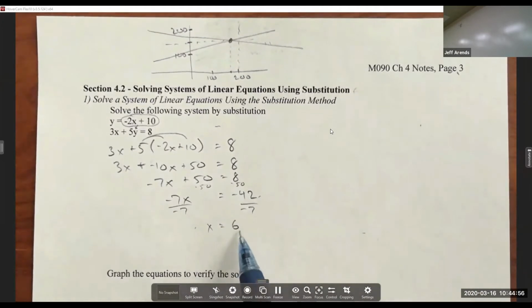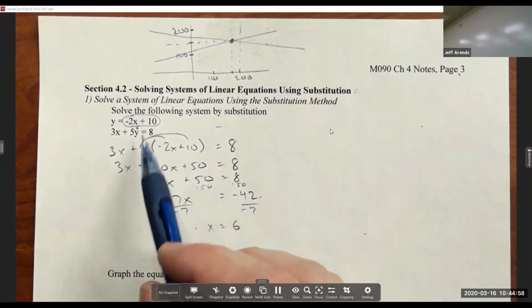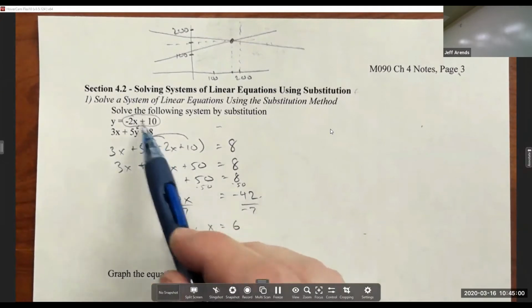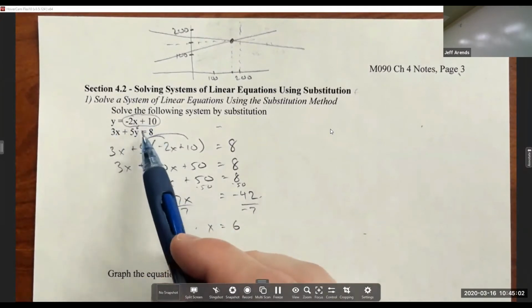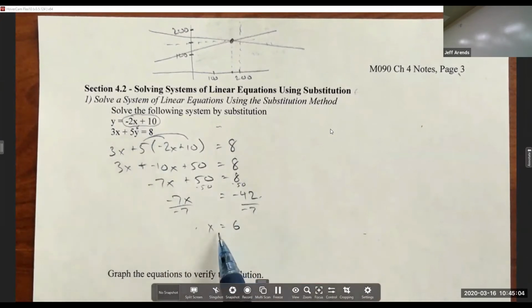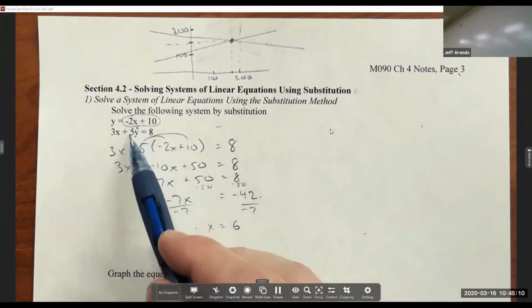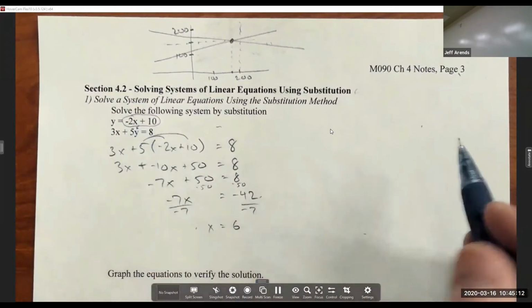Okay, well, what does that mean? In order for us to be talking about a solution to the system of equations, it needs to be a point. We need to have both an x and a y value. Let's see what happens if we take this x and see what values it gives us for the y's in these two equations.